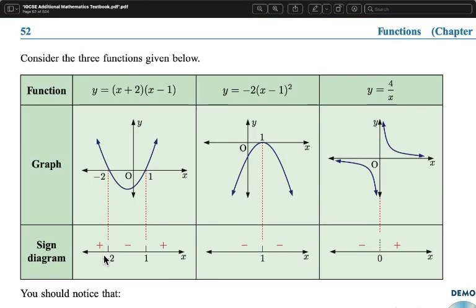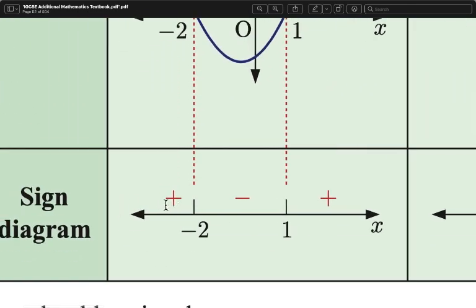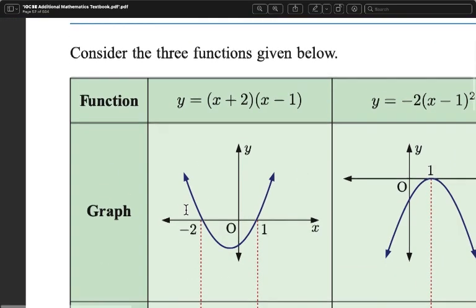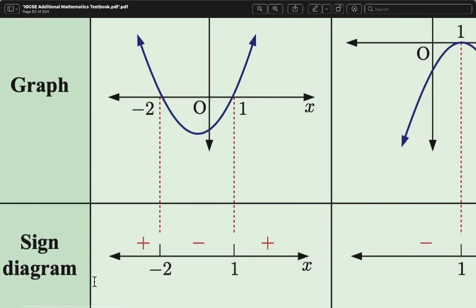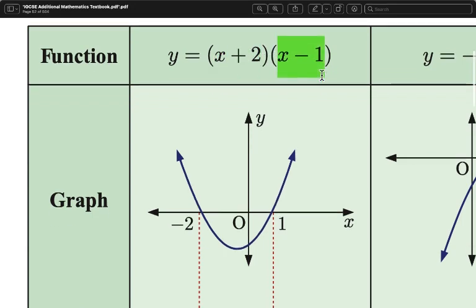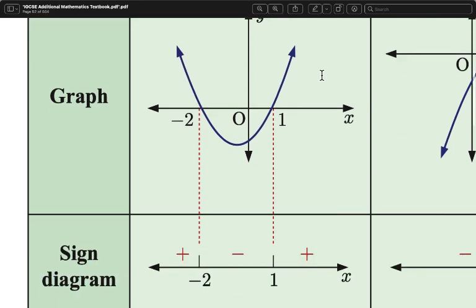If you want to identify the trend of the function, you can input any value below minus 2 to see whether the function will be positive or negative. For instance, I'm going for minus 3, and minus 3 plus 2 is minus 1. Minus 3 minus 1 is minus 4, and you multiply the two parentheses together. Minus 1 times minus 4 is positive 4.